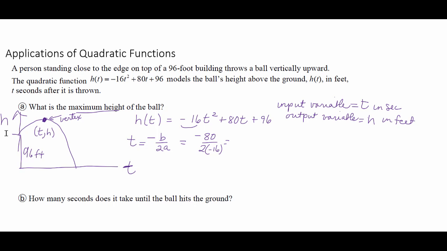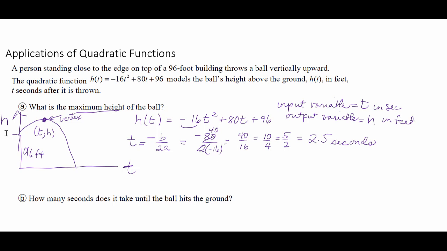So what I have here, this is going to reduce. We've got 40 over 16, which reduces down by 4s and reduces down by 2. So 5/2 seconds. So 2.5 seconds. It takes 2.5 seconds for the ball to get to the maximum height.